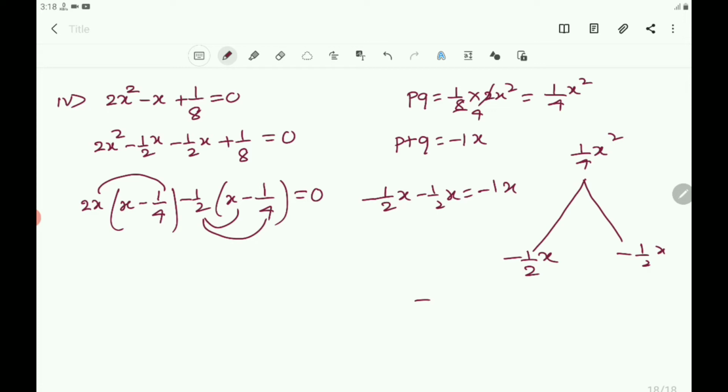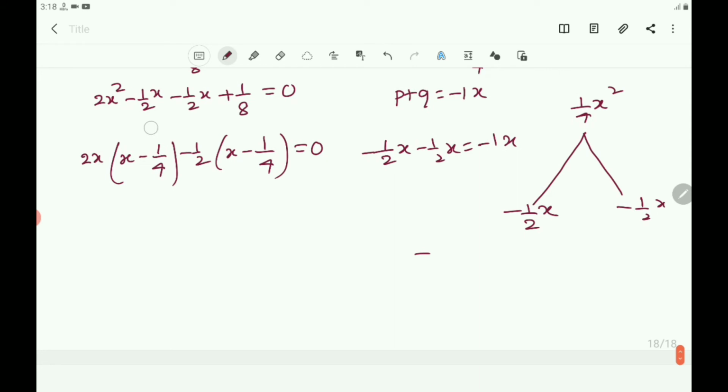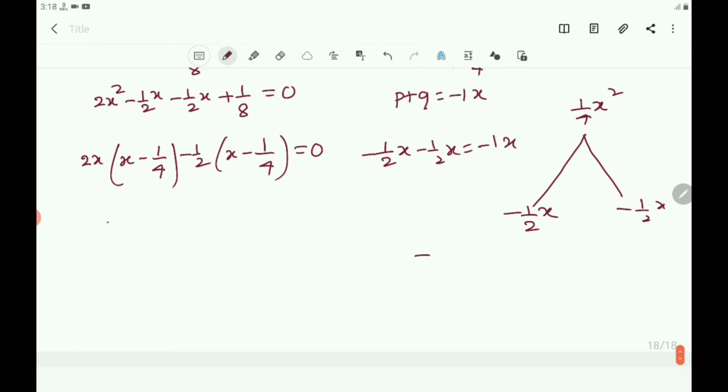And 1 by 2 into 1 by 4, you are going to get 1 by 8. Now the common factor is here x minus 1 by 4, both are x minus 1 by 4. And the other factor is 2x minus 1 by 2 equals 0.